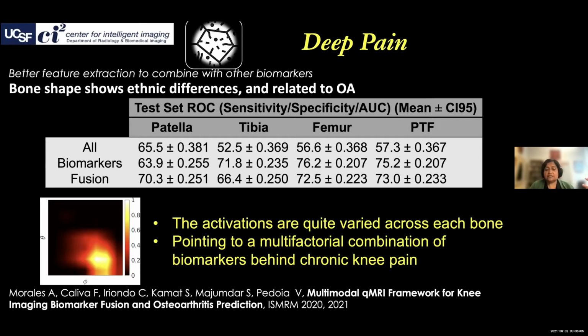They looked at the GradCam activation maps as well, and in looking at those, we started looking to see what are the patterns. And we found that different bones had different activation maps. These are early work pointing to a multifactorial combination of biomarkers which are behind chronic knee pain. So this is literally dialing down to the individual patient's pain and the pain characteristics.